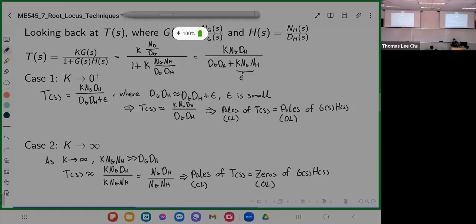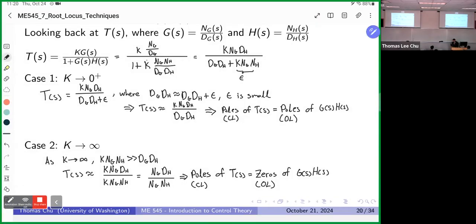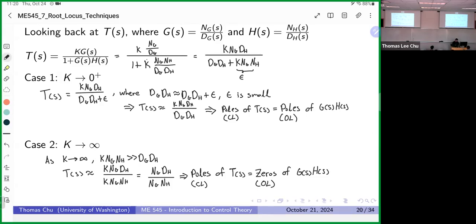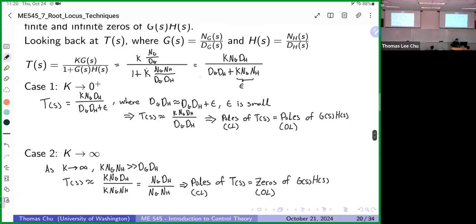1 plus KGH. Yeah. So it is 1 plus KGH, but then what I did was I multiplied by DG DH, so that replaces the 1 there. Are you talking about? No, I was just saying the one all the way to the left doesn't have the K in the bottom.